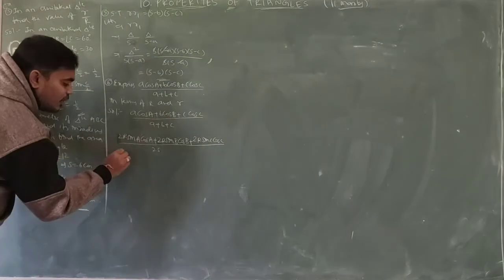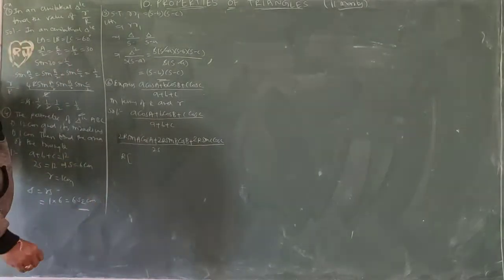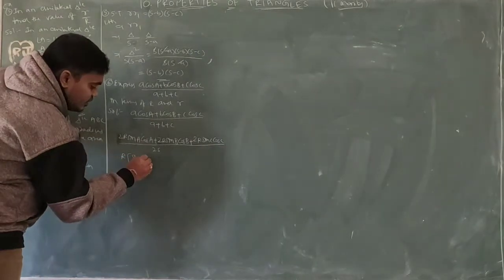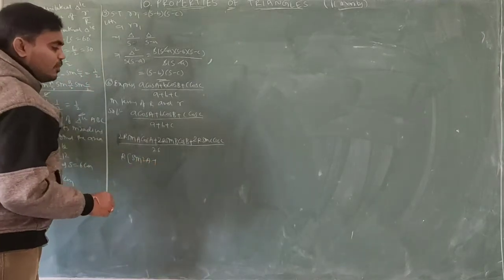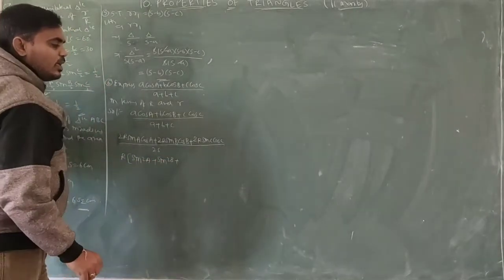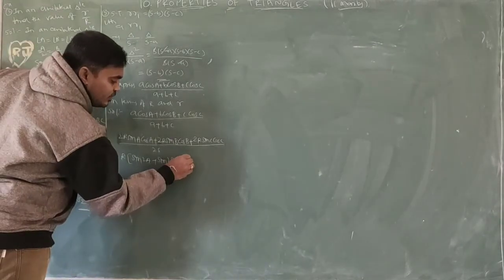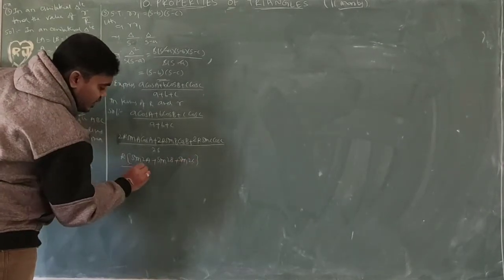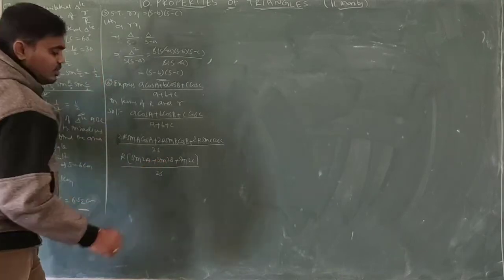So R common: 2 sin A cos A is sin 2A, 2 sin B cos B is sin 2B, 2 sin C cos C is sin 2C, by 2s.